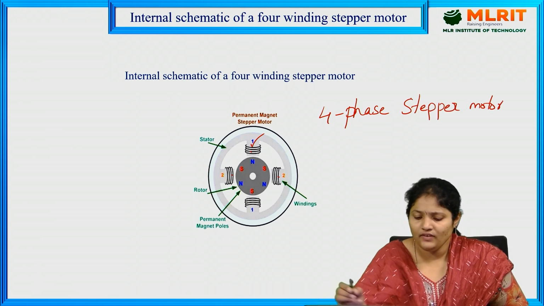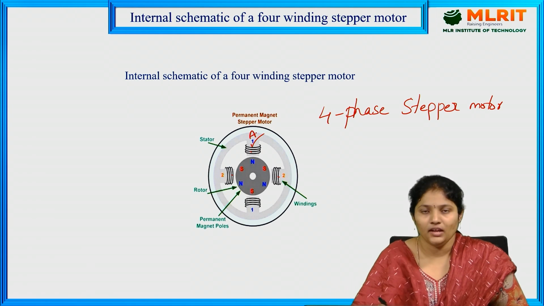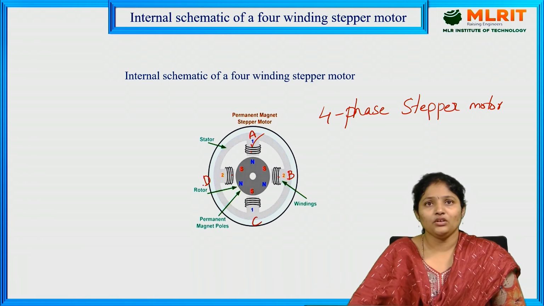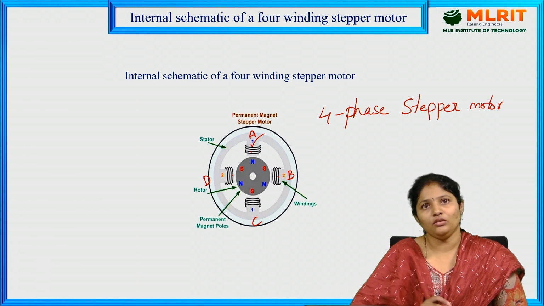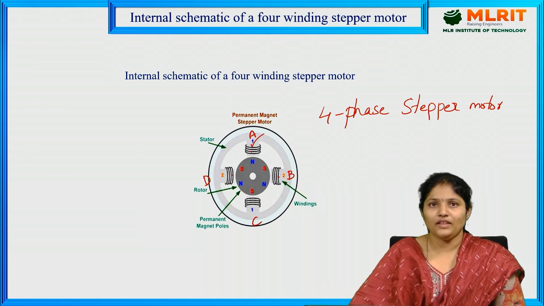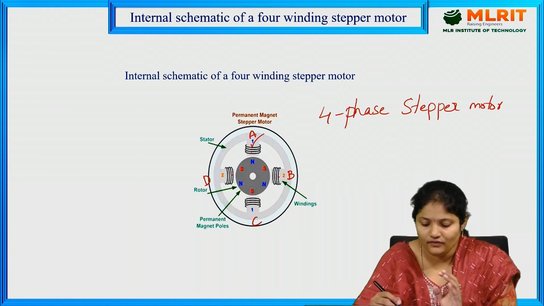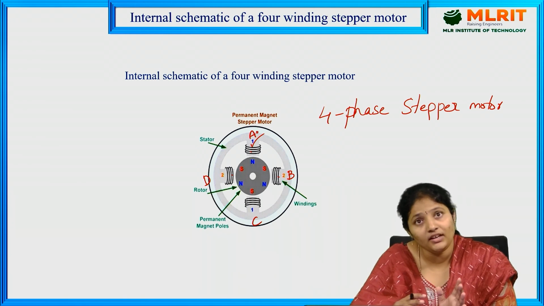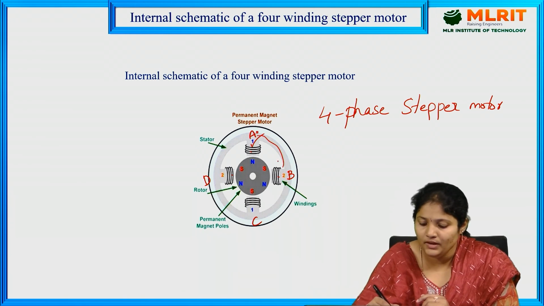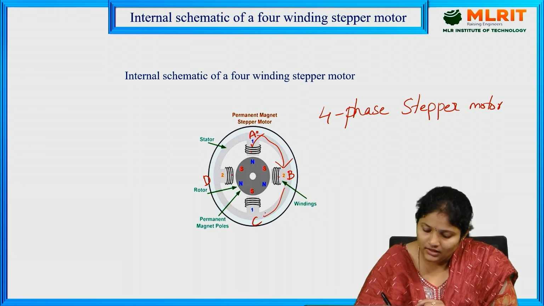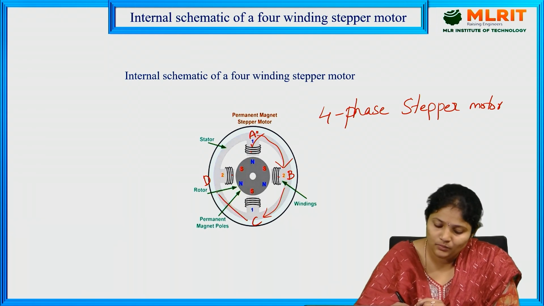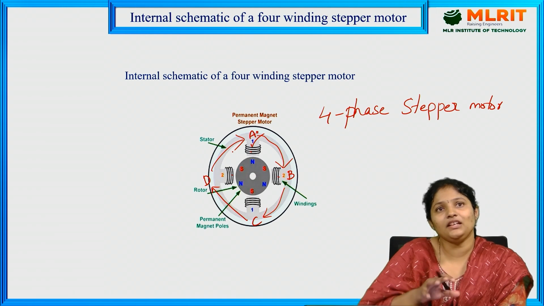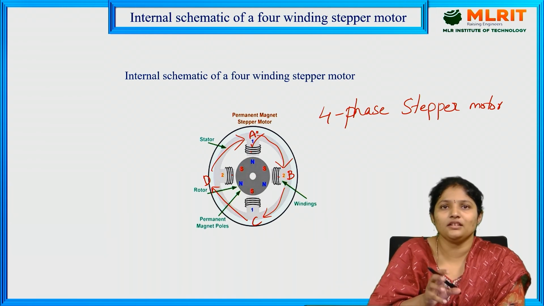Here, let us consider this as the A phase, this is B, this is C, and this is D. Now, if the stepper motor is to rotate clockwise, and the excitation starts from A, the excitation will be moved to B, then to C, then to D, and then back to A. Like this, the excitation is needed to rotate the stepper motor.